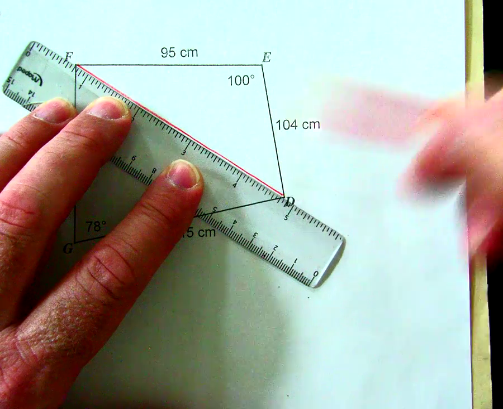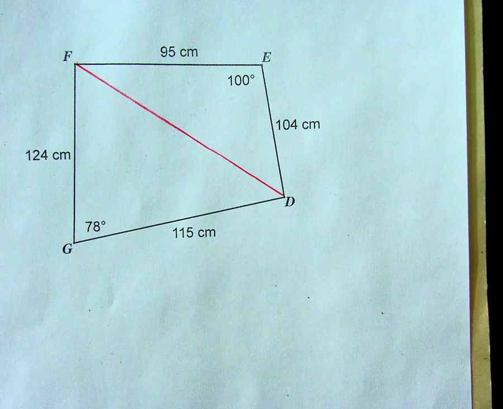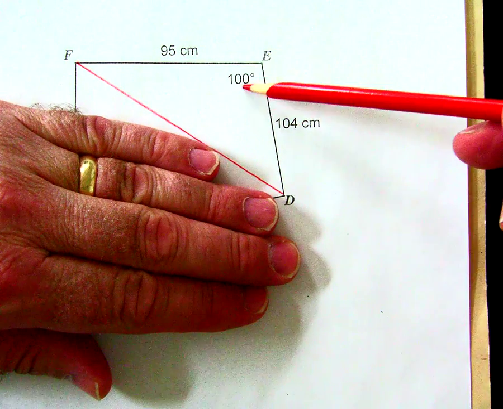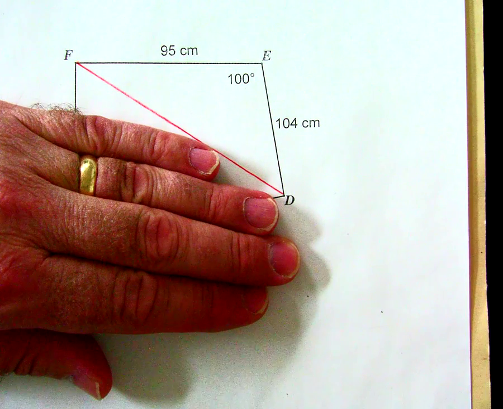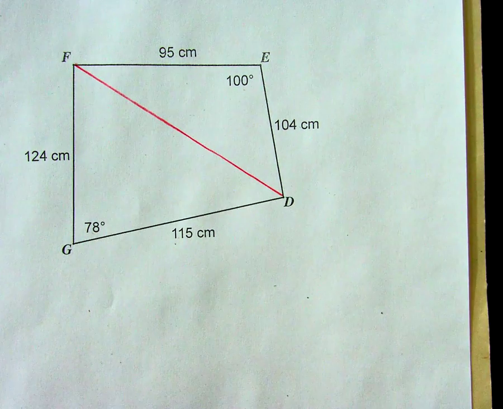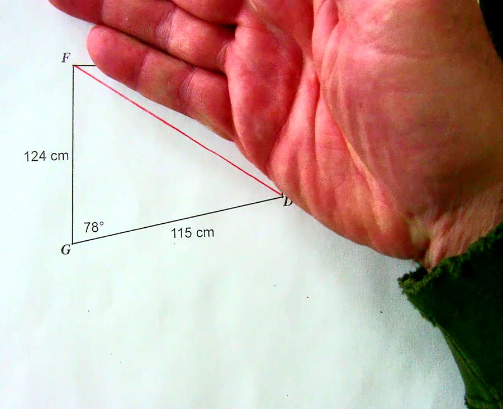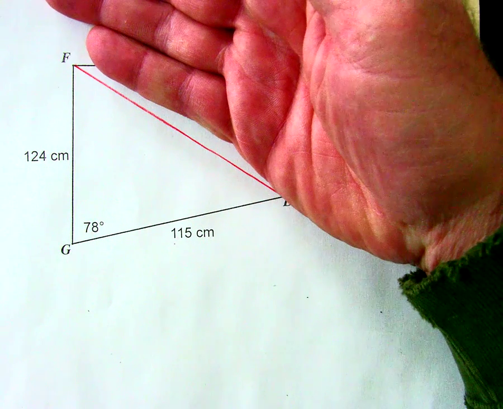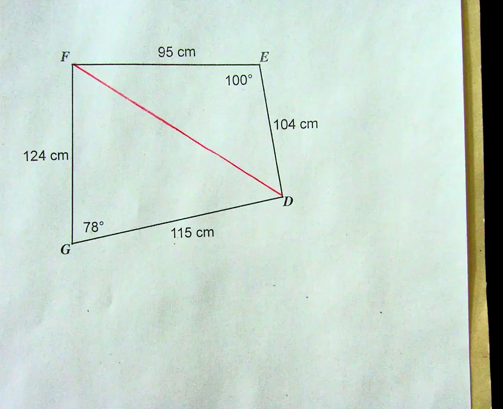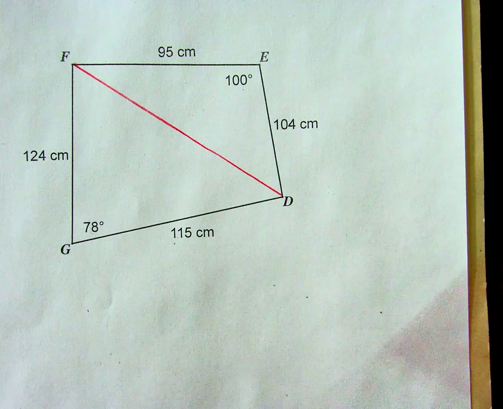so that here I have two sides and the included angle in triangle DEF. I have two sides and the included angle in triangle DFG. And so my area would actually be the sum of the areas of those two triangles.